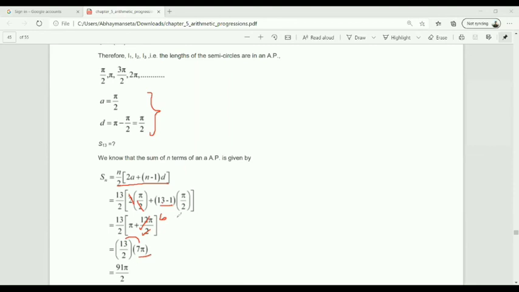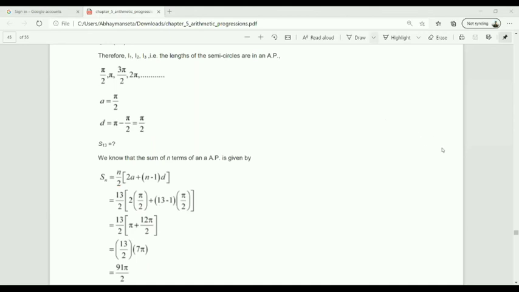But in the question the value of pi is given as 22 by 7. Otherwise there is no need to put the value of pi, but since it is given, we put the value of pi and simplify.